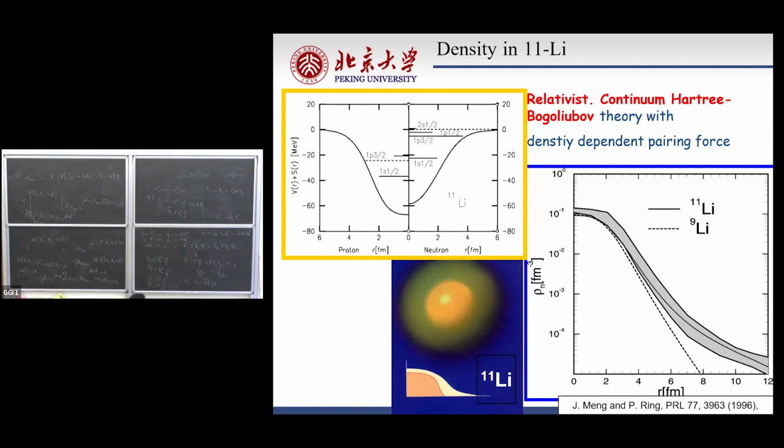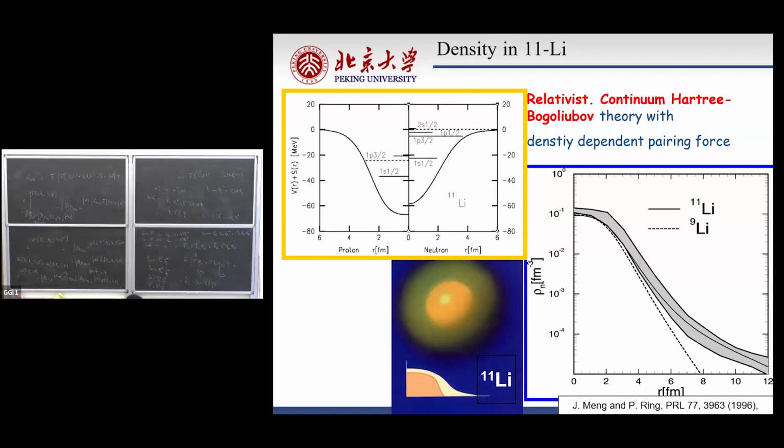In such a way, you will immediately find that this s orbit, because it is sitting in the continuum, doesn't contribute to the binding, but it contributes quite a lot to the size. So immediately you will find that the neutron density distribution extends very far compared with lithium-9.